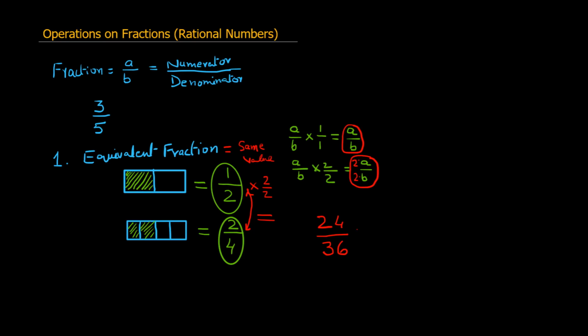If we have to multiply this with a number, let's say 7 divided by 4, these numbers will be very big. But if we know that this fraction can be simplified to a fraction with small numbers, then we can easily multiply it with 7 and 4.